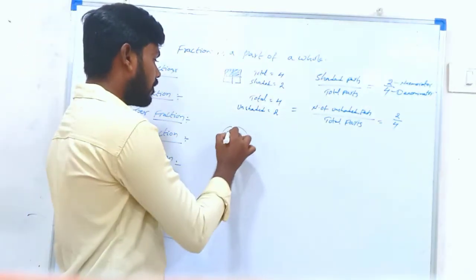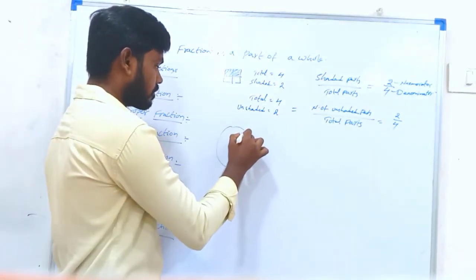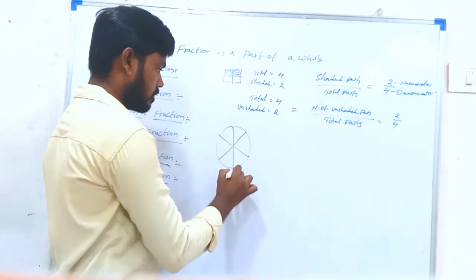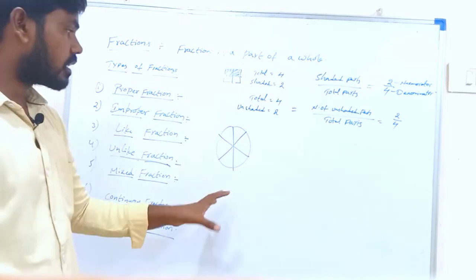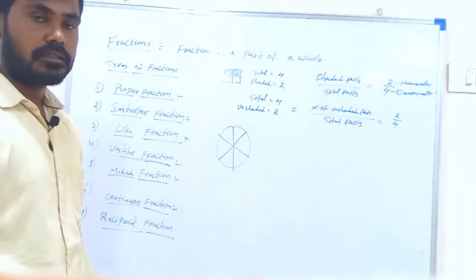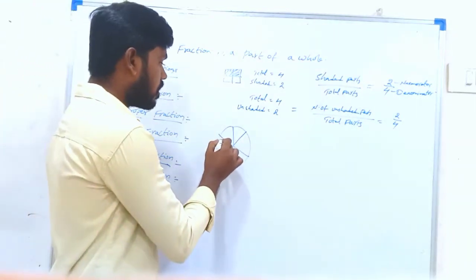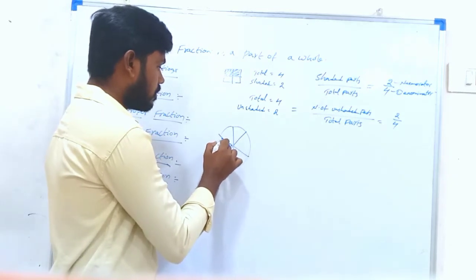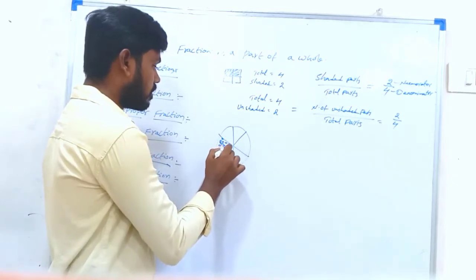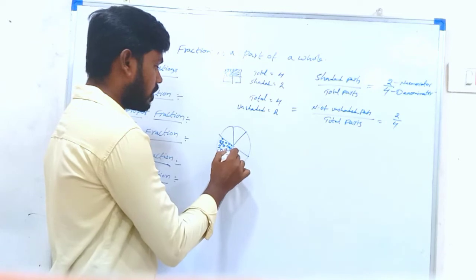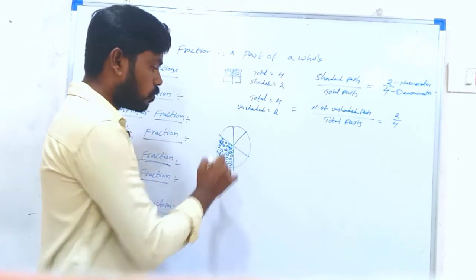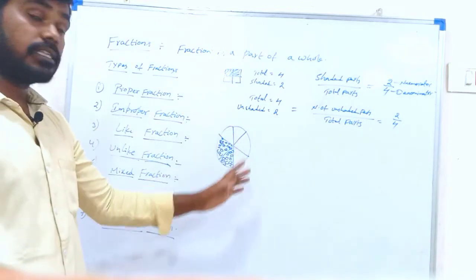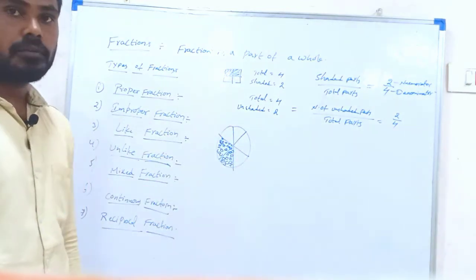Another example. How many total parts are there in the given picture? In the given circle, there are 6 parts. Among these, we shade 2 parts. Then how to express this in fraction form?